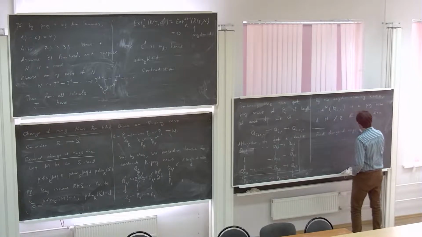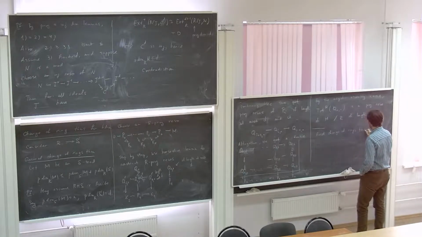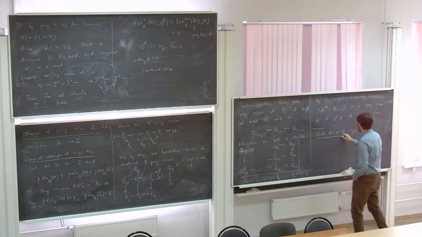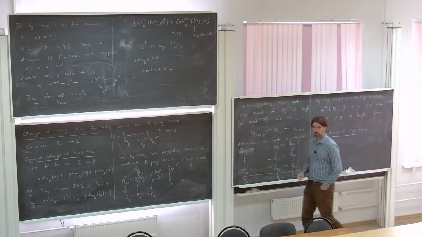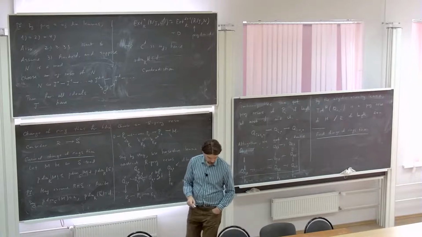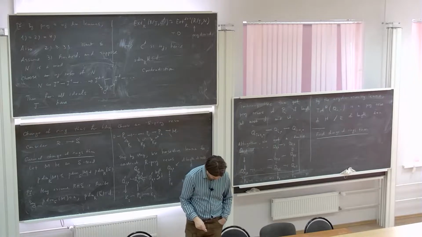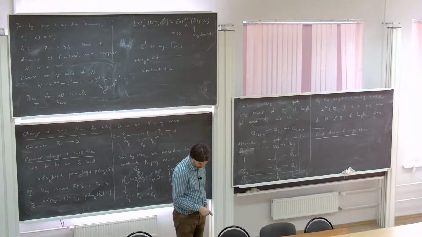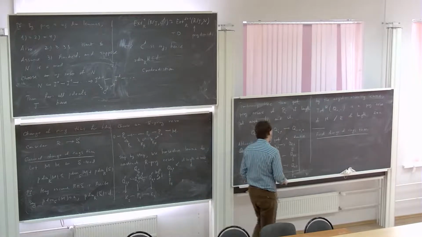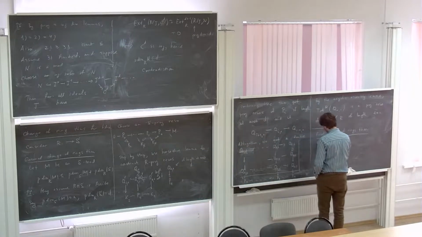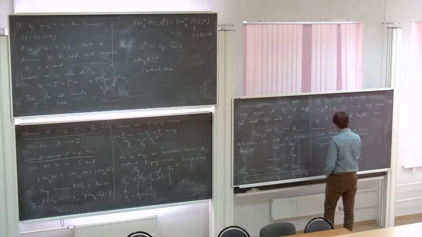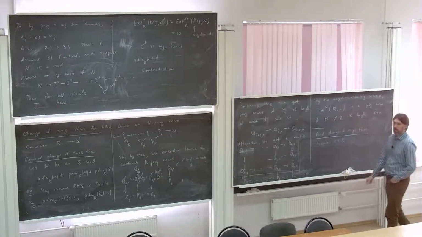And the next two theorems, this first change of rings theorem and the second one, are what allow inductive arguments for projective dimension. So suppose x in R is central.